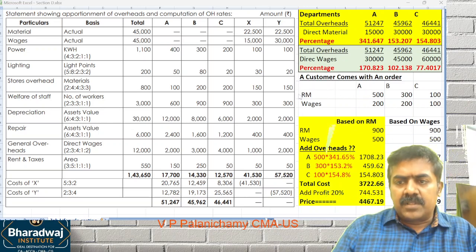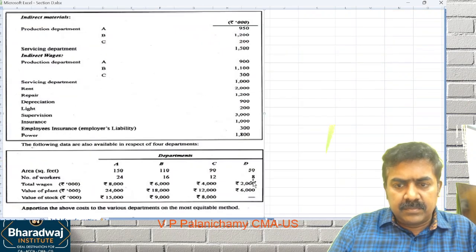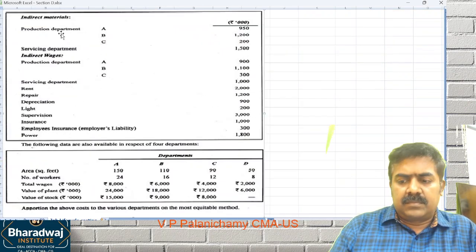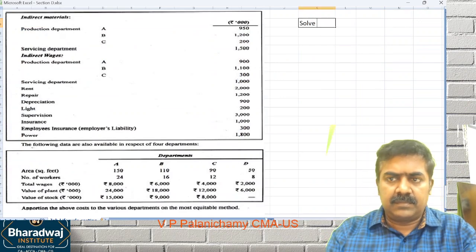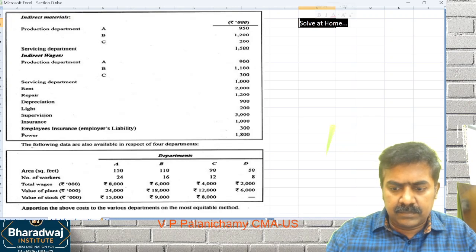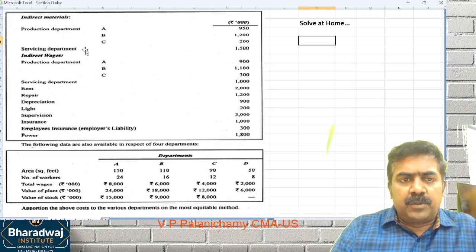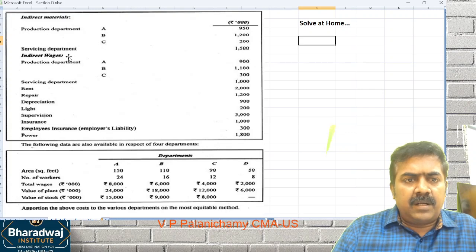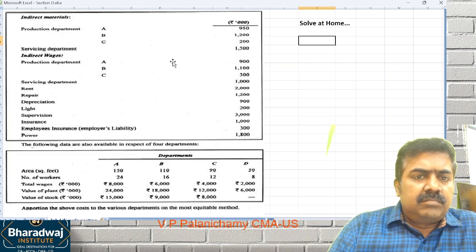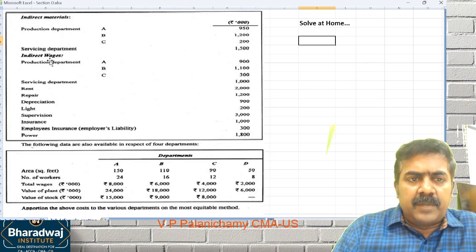Next, what I will do is I request you to solve this question at home. Production departments A, B, C are given, and service department cost is given: indirect material, indirect wages for the production departments and the service department.